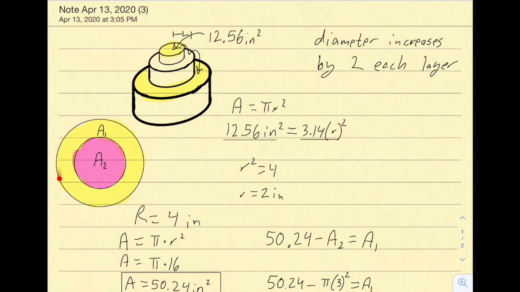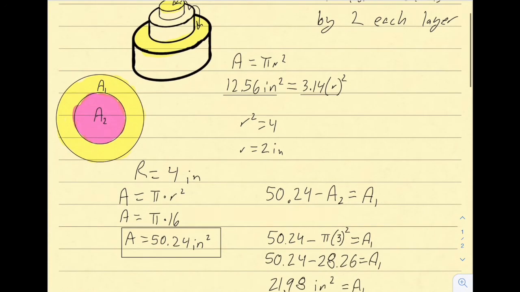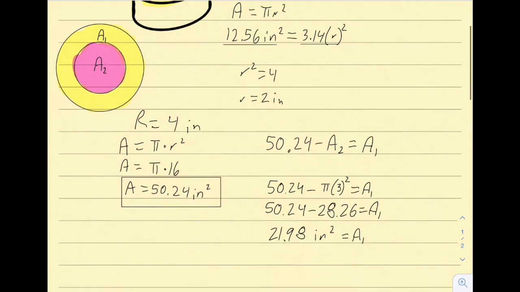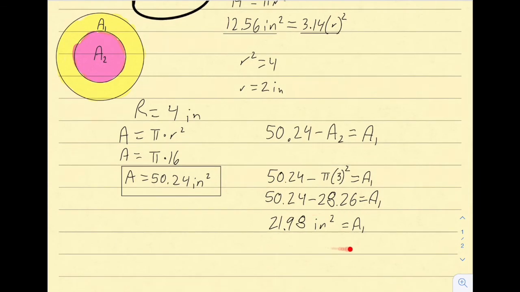That's everything in here. But we realized we only want this part of it, all this yellow section here. We have to get rid of this pink part in order to see that. So we double checked and found our radius for here. And then we did a subtraction. We took the area we'd found and subtracted the area that was sitting on it to find the remaining area here. And that's all there was to it.